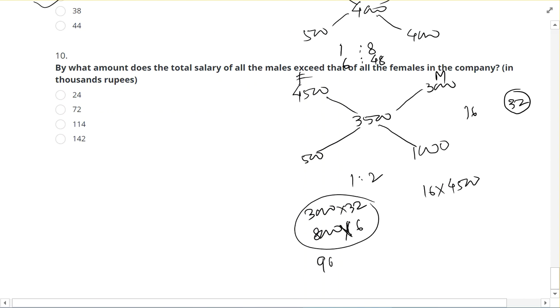This is 96,000 plus 48,000, 144,000. And this is 72,000. So by what amount does the total salary of all males exceed, in rupees? 72,000, because the difference between these two is 72,000.